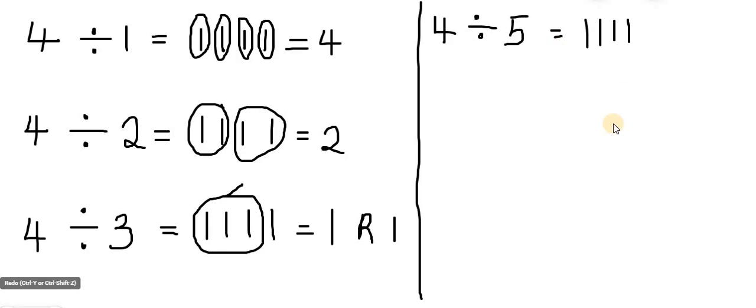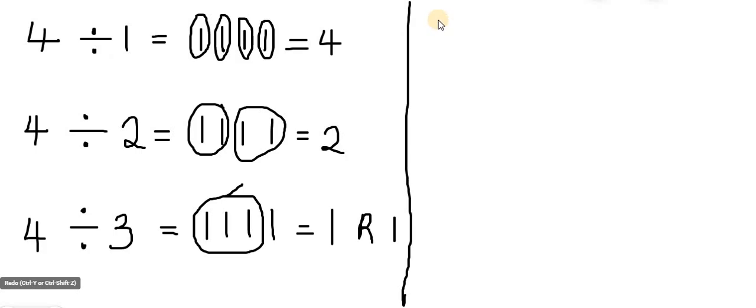None. You can't get a bunch of 5 in 4. So there is no bunch of 5 in 4. So there's 0.